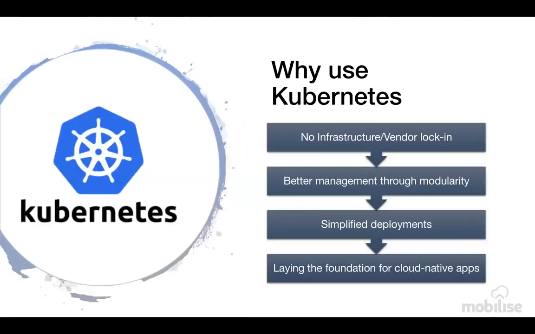So why use Kubernetes? Kubernetes eliminates infrastructure vendor lock-in by providing core capabilities for containers without imposing restrictions. It achieves this through a combination of features within the Kubernetes platform, including pods and services. Kubernetes can be deployed to all major public cloud providers, as well as being installed on premises.